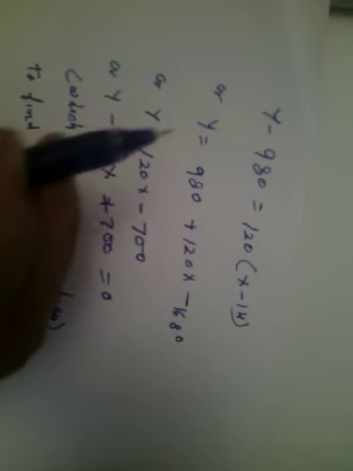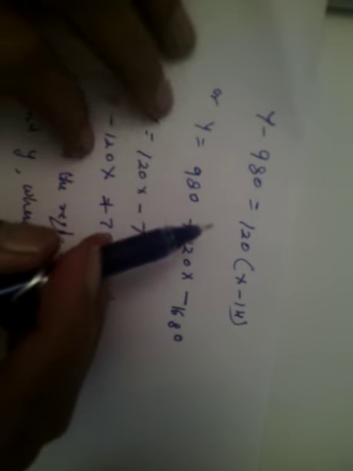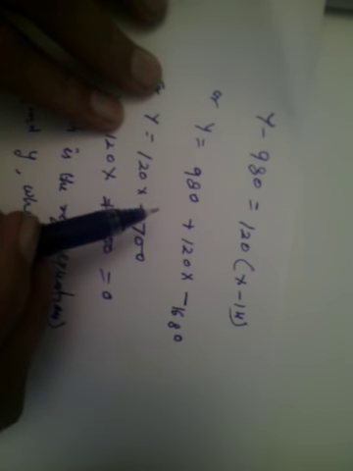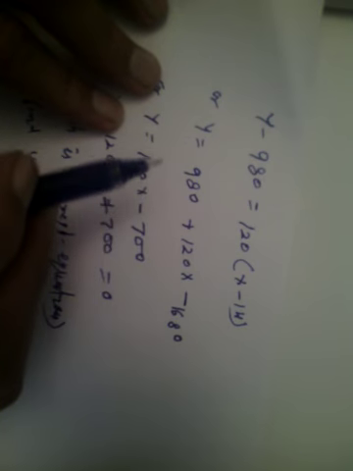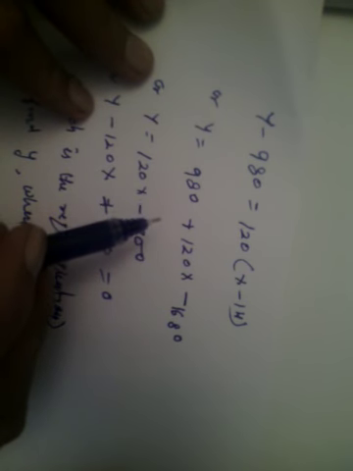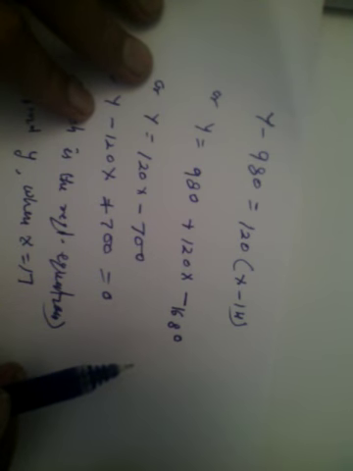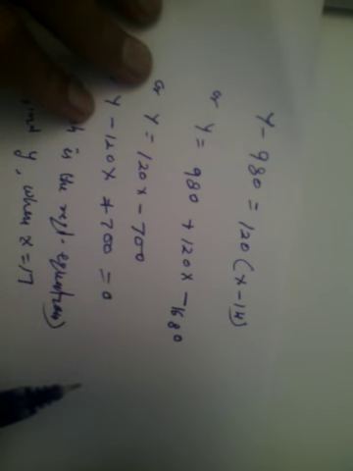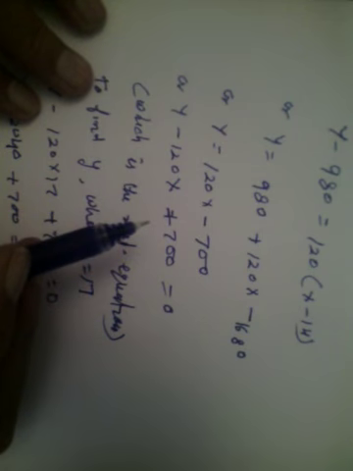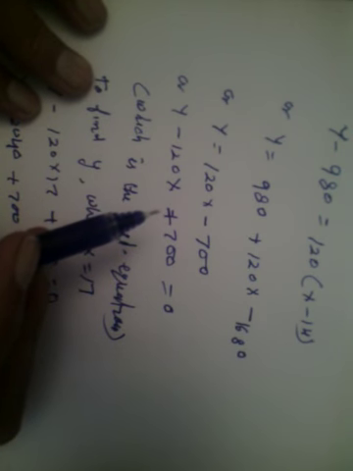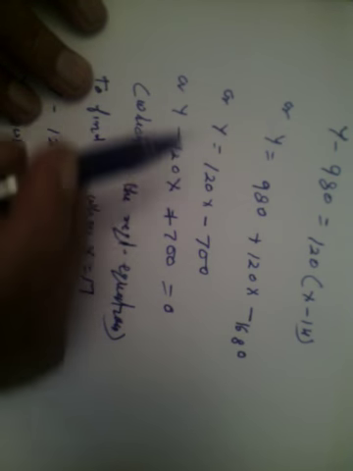This is equivalent to y minus 980 is equal to 240 divided by 2, that is 120, within the bracket (x minus 14). So y minus 980 is equal to 120x minus 120 on the left hand side.